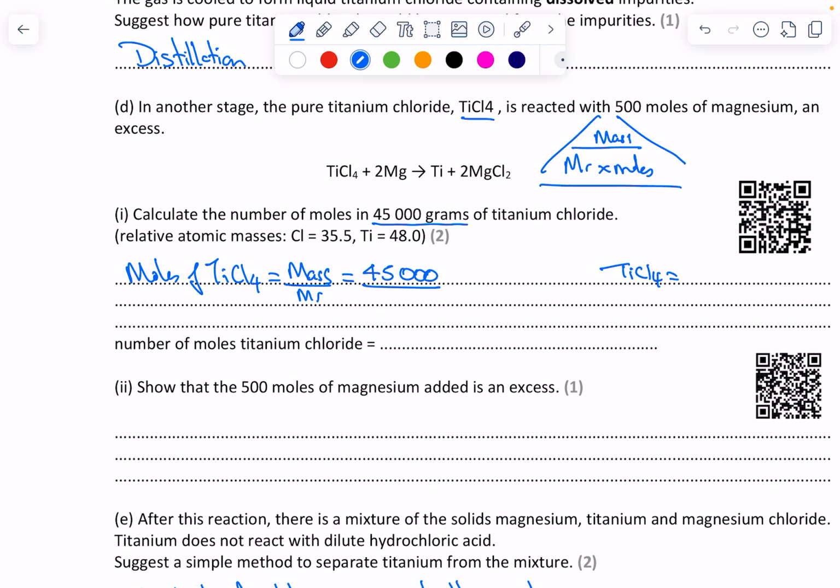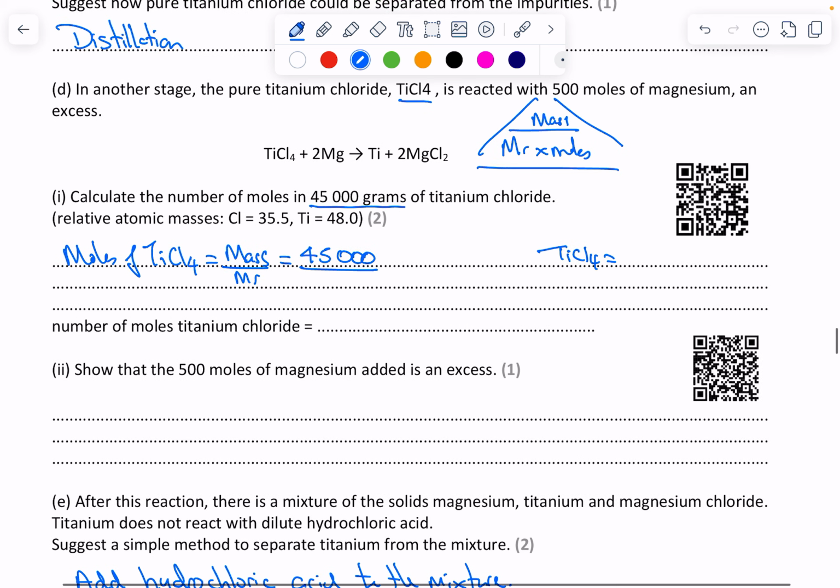So it's TiCl4. So in here, I've got one titanium. So one titanium is 48. And I've got 4 lots of chlorine, which is 4 times 35.5, which is 142. Let's add those together, which is 190. So over here, I'm dividing that by 190.